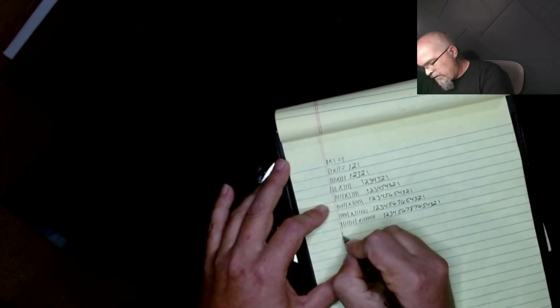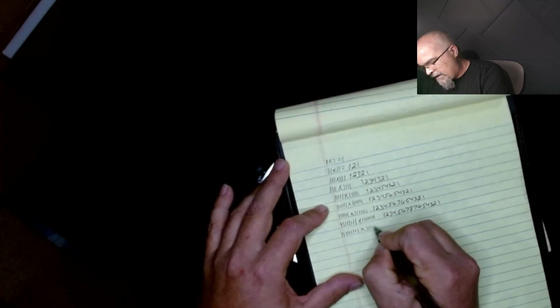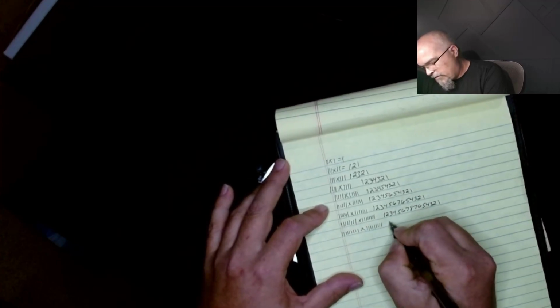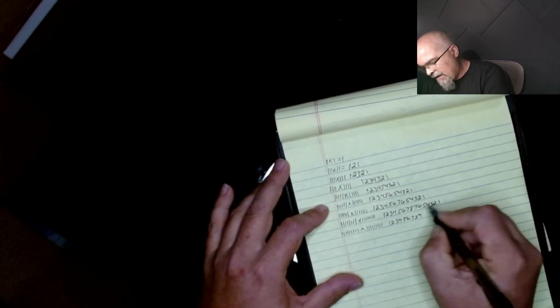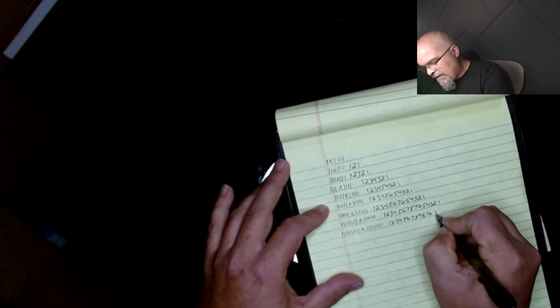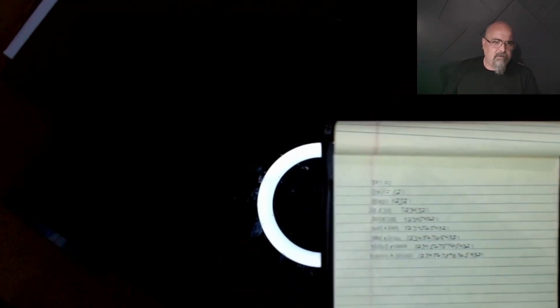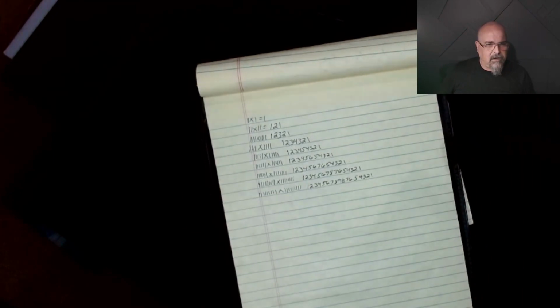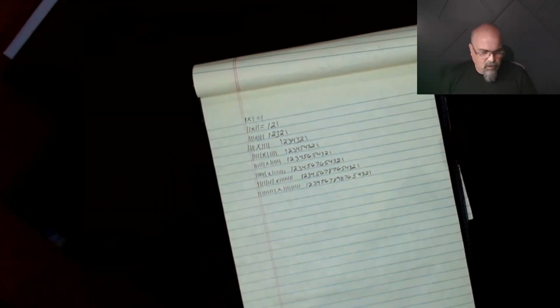Then 9: 1, 2, 3, 4, 5, 6, 7, 8, 9 times itself is 1, 2, 3, 4, 5, 6, 7, 8, 9, 8, 7, 6, 5, 4, 3, 2, 1. For this theory, we're going to stop there because there's no need to go any farther. So what does this tell us?